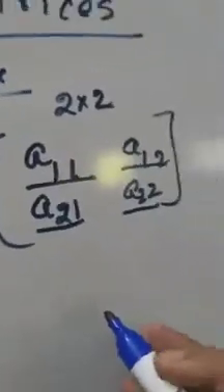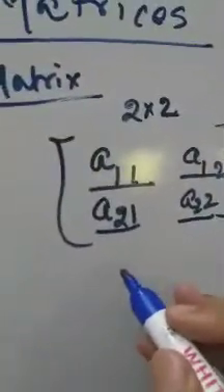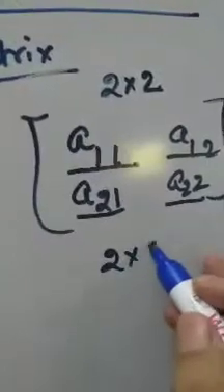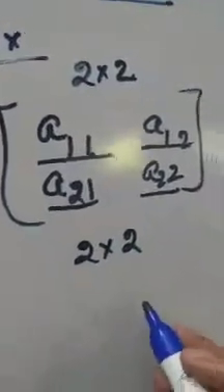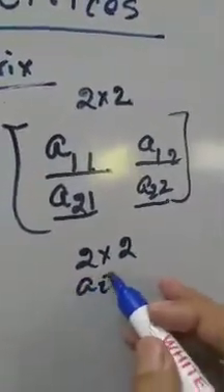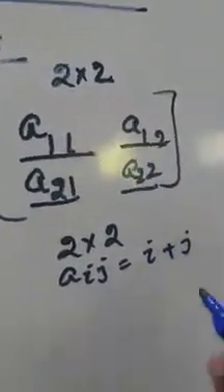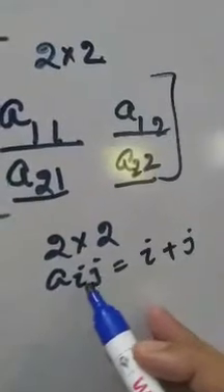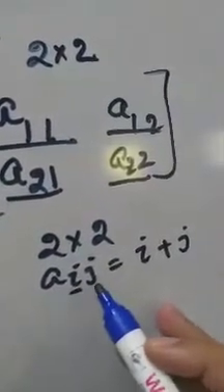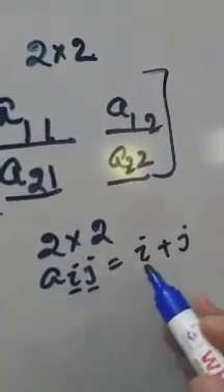If I tell you to construct a 2 by 2 matrix where Aij is equal to i plus j, what are i and j here? i is the number of row and j is the number of column.